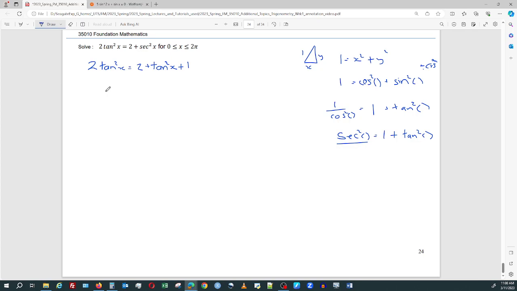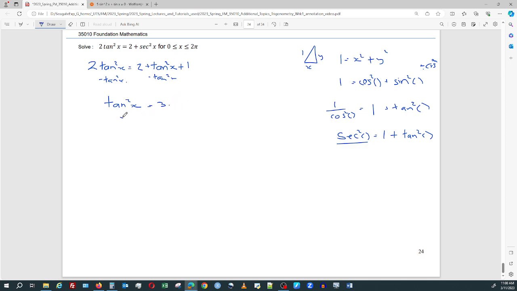Alright, very good. So if we take away a tan squared x, what you do to one side, you do to the other, undo. So 2 apples minus an apple will leave you with tan squared x is equal to 2 plus 1 is 3.